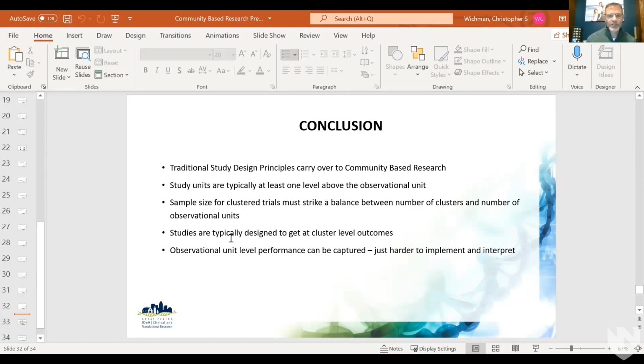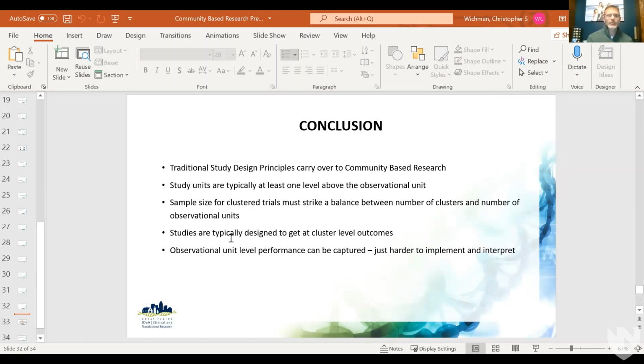The studies themselves are typically designed to get at the cluster level outcomes, although oftentimes people are also going to want to look at the individual level outcome, which is possible. Your interpretations have to be a little more guarded in that regard, but it's still doable.